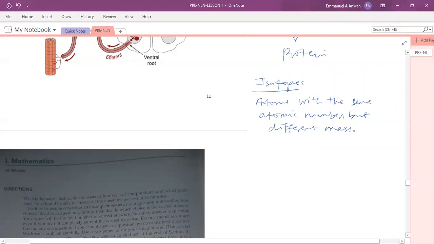So for example, we have carbon. We have carbon 6 that weighs 12. And you have another carbon 6, but the weight is 14. So these are isotopes of each other.